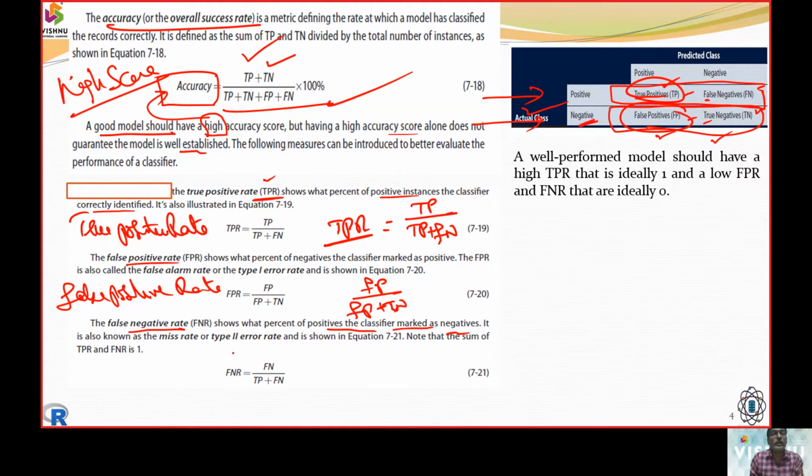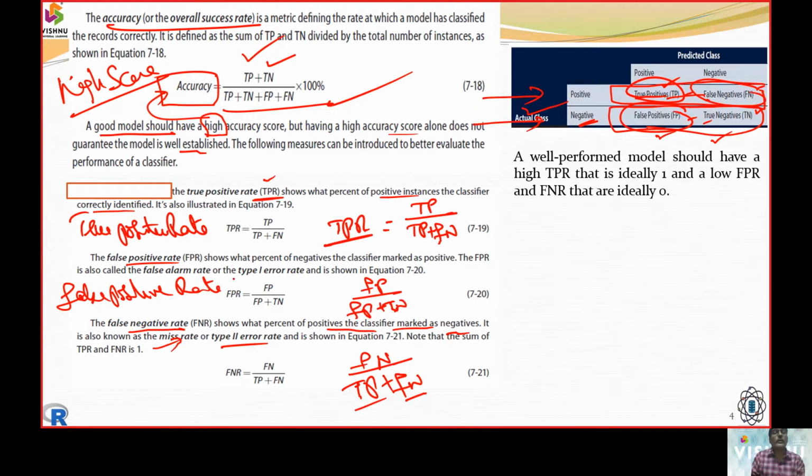That goes up into type 2 error, the alternate hypothesis, etc. So towards the misclassification rate, the false negative rate takes false negative content divided by true positive plus false negative.